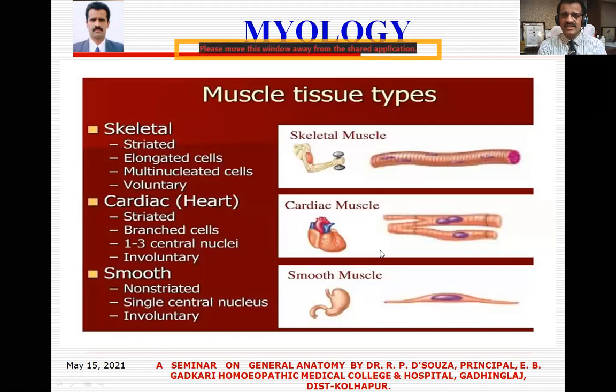And the last one is smooth muscle. Smooth muscle is non-striated as compared to the other two, and there is only one nucleus placed centrally in one myocyte. These cells are spindle in shape, and they are also involuntary, just like cardiac muscle, and they are present in the viscera.